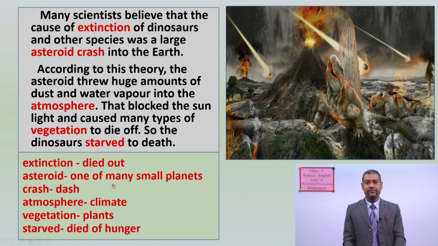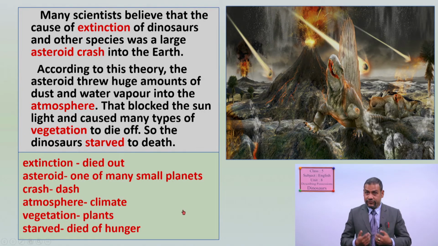Asteroid means one of many small planets. Look at dashing here. One of many small planets, okay. Crash means dash. See, these things dashed the earth, okay, from here. Atmosphere means climate, or you can understand as air. Vegetation means plants, okay, I told you. Starved means died of hunger.